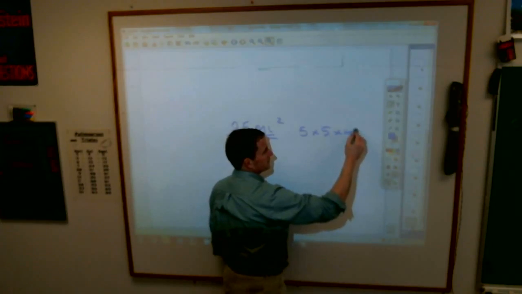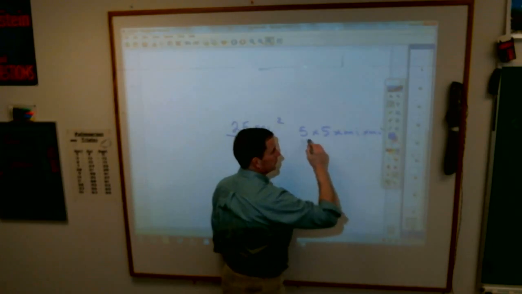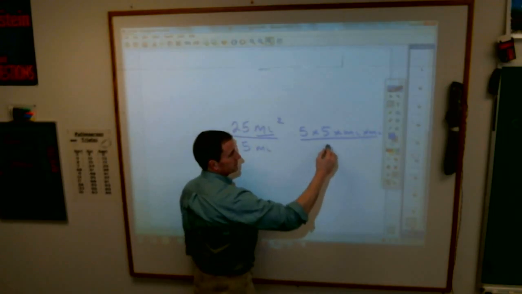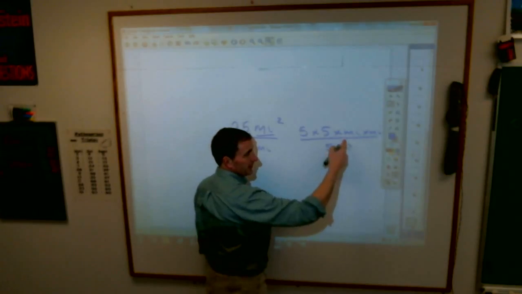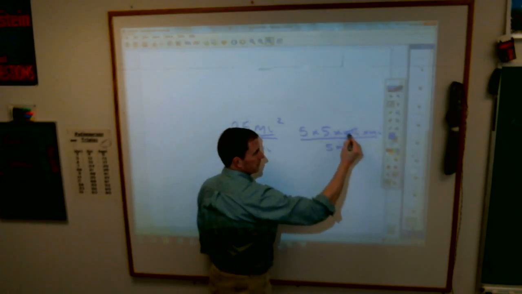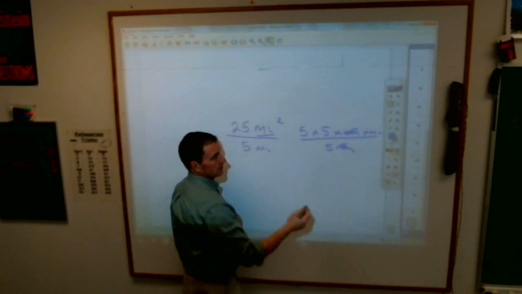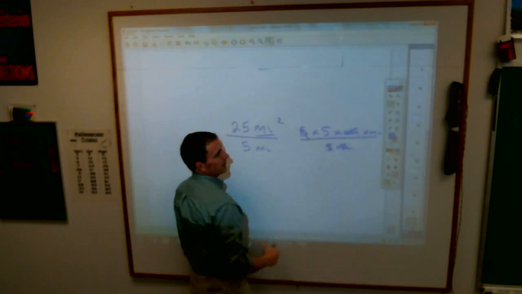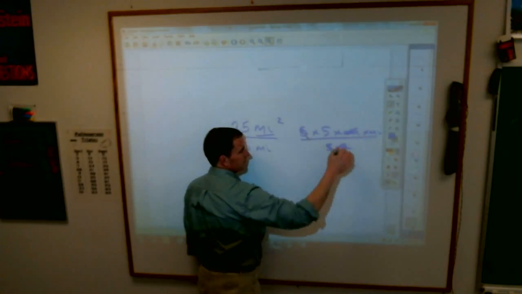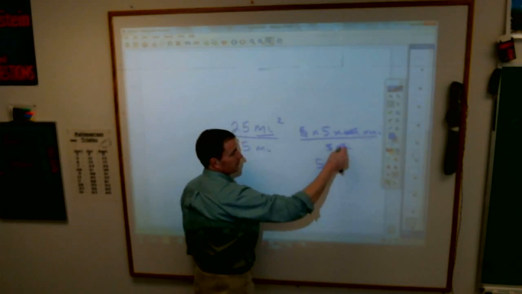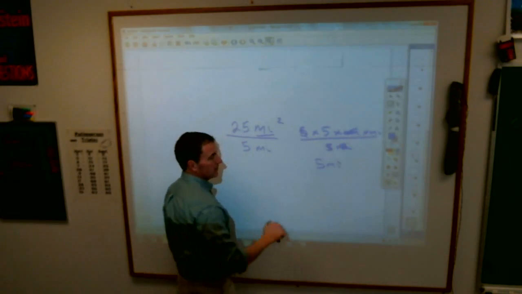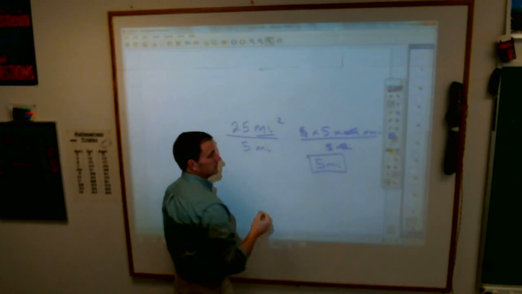That's miles times miles. And if you put that all over 5 miles, labels are just like numbers. If you have the same label on bottom as you do on top in a fraction, they will cross off. 5 crosses off with 5, and what are you left with? 5 miles. We started off with miles squared on top, but one of them went away with the mile on the bottom. So you end up with just 5 miles.